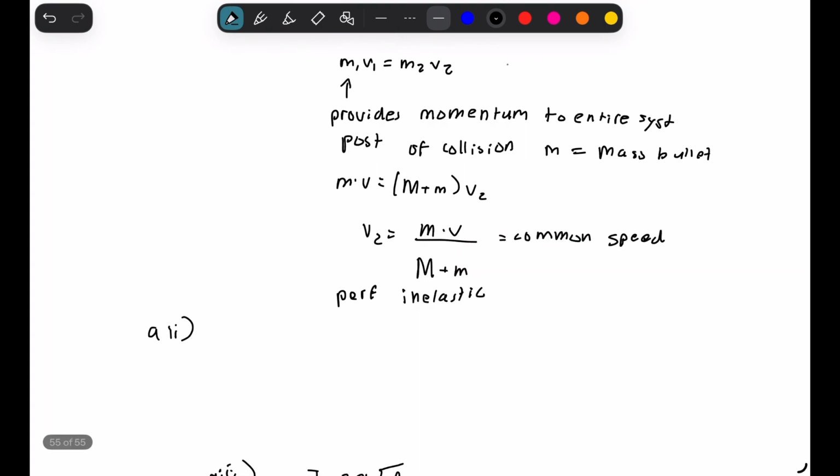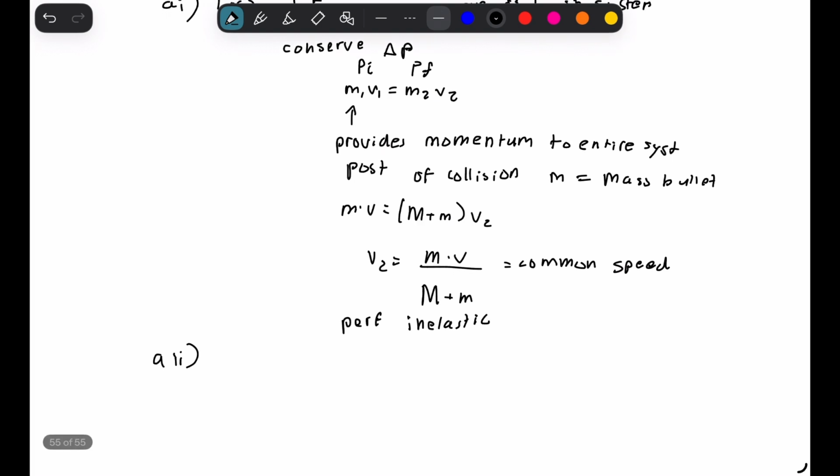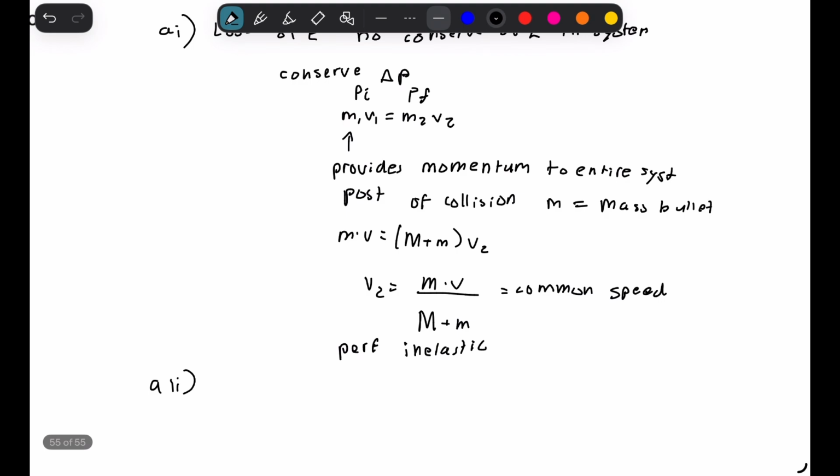That means we have linear momentum conserved, because this is a perfectly inelastic collision. Before the collision, initially, we have the bullet momentum, which is equal to small m times large V. And the ball is going to be at rest, so its momentum is equal to 0.